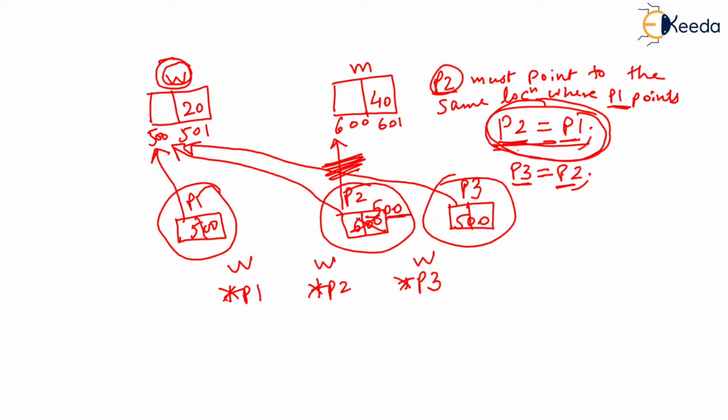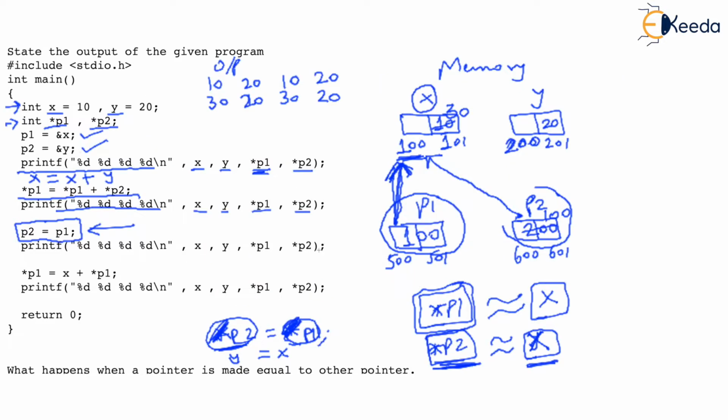This is how you can read this particular statement, making two pointers equal to each other. Okay, so coming back to our code, I hope you have understood now how P2 points to the same location where P1 points, and from now onwards asterisk P2 will be X, because P2 is pointing to X.